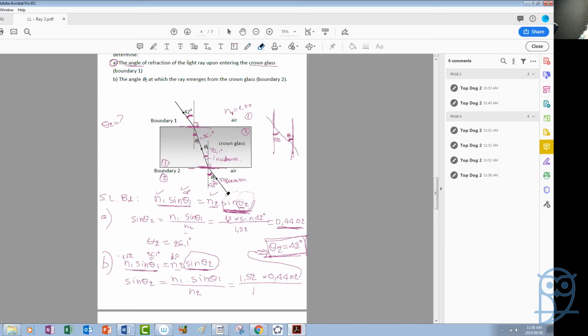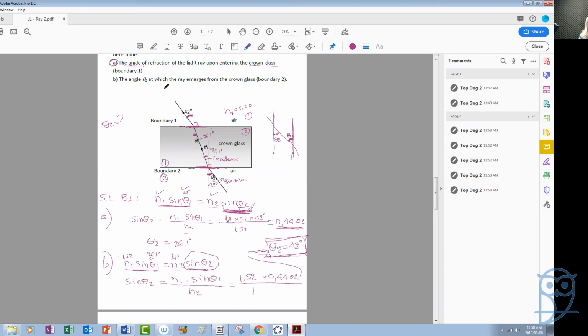But why is it particularly interesting? Because it tells us that the incident ray here at the beginning, when the light first met this rectangular block of glass and hit it at a certain angle of 42 degrees, the angle at which it emerges is exactly the same angle.